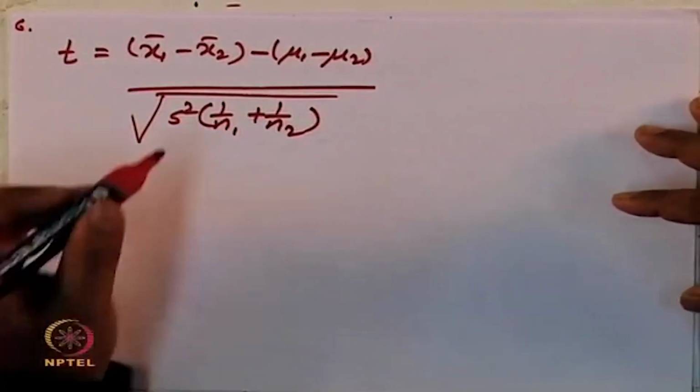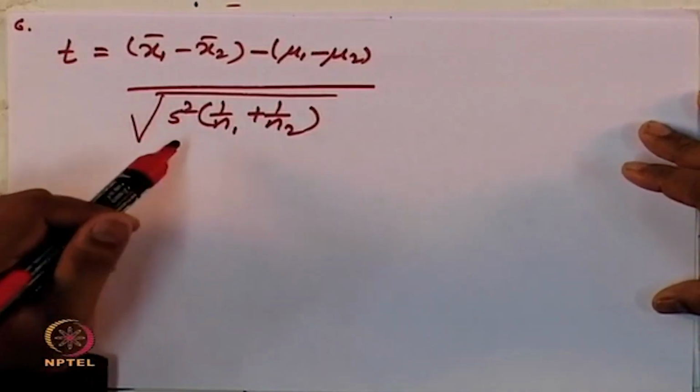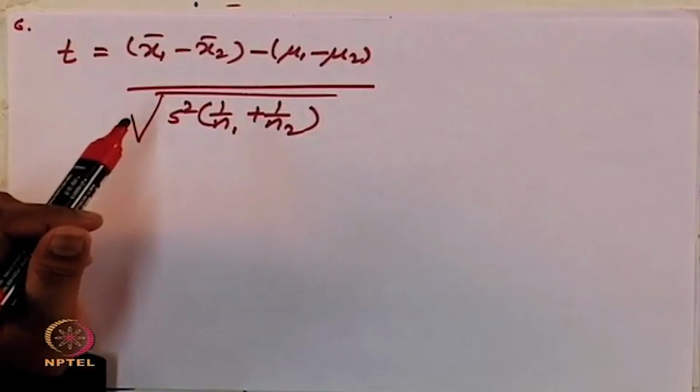Because your population standard deviations are the same, you assume similar standard deviations for both the samples.